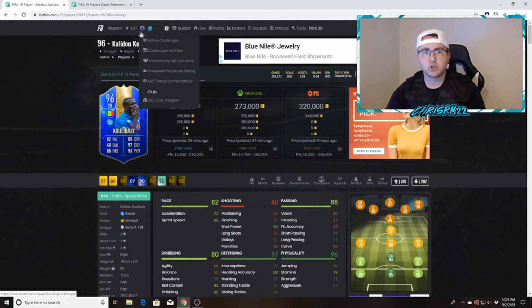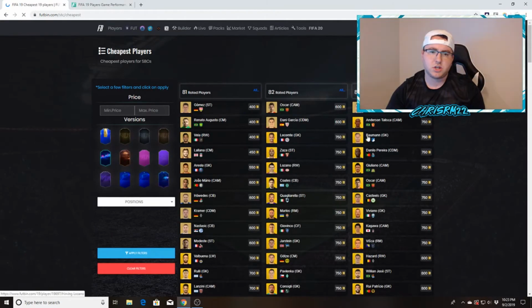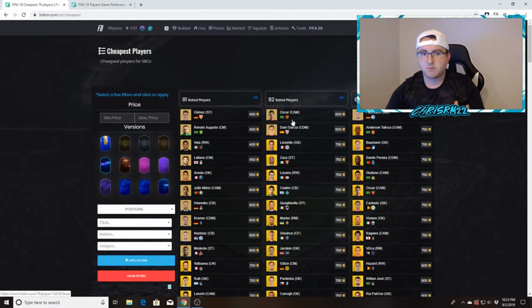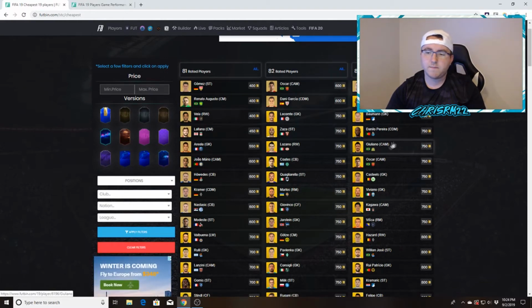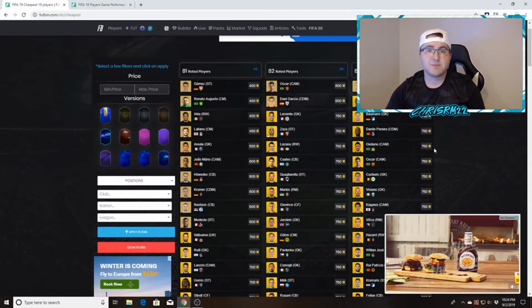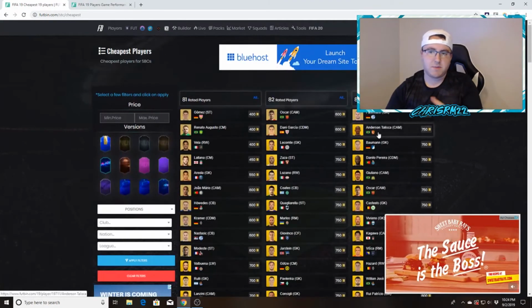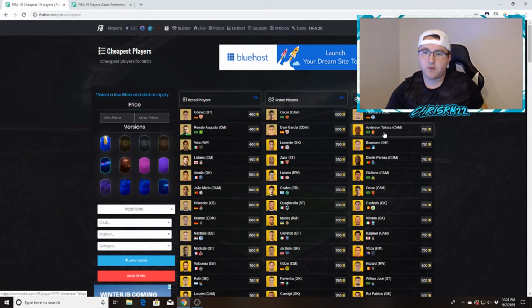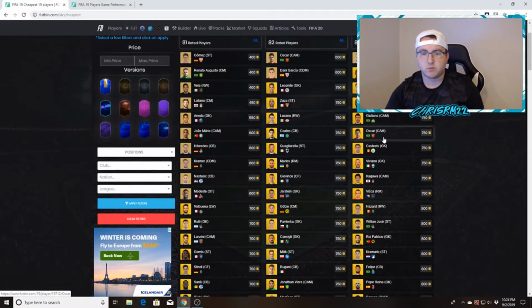Another thing I want to show you guys, and I'm going to be referring to this many times this year, is definitely the cheapest players by rating. The reason we look at this is that when there are times to invest, this is the best place to look at these ratings to see if they're lower than certain prices.